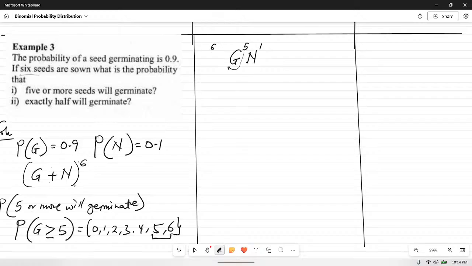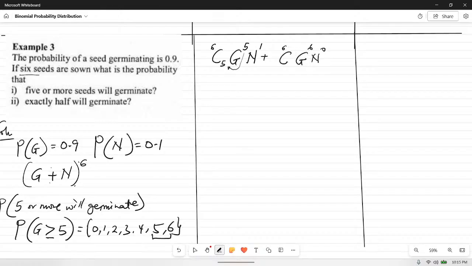So this becomes 6 combination 5, plus, where we want germinate to have exponent 6, then not germinate has exponent 0. So that's 6 combination 6.